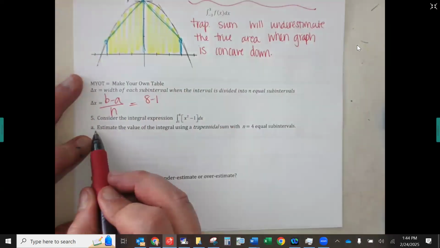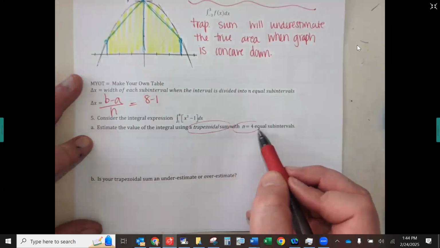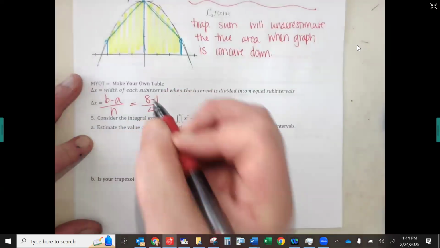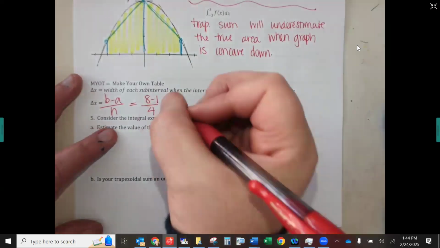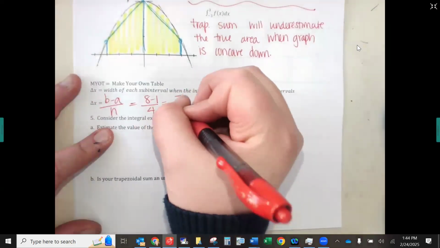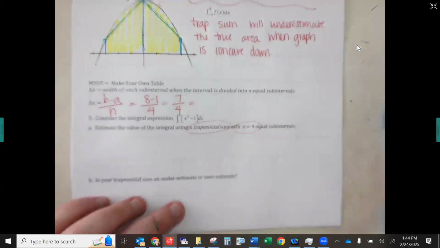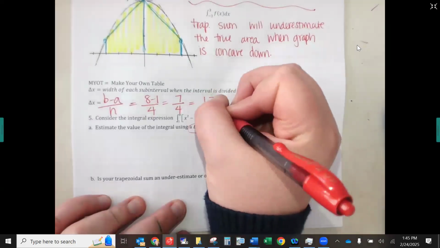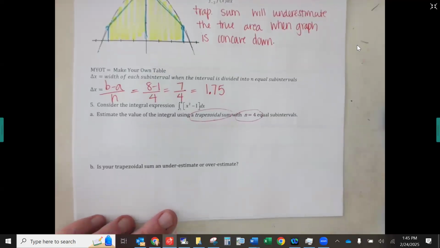And then it says, estimate the value of the integral using a trapezoidal sum with 4 equal parts. So 8 minus 1 is going to be 7. 7 divided by 4 is, I don't know, 1.75. Thank you. Okay, so my width is going to be 1.75.